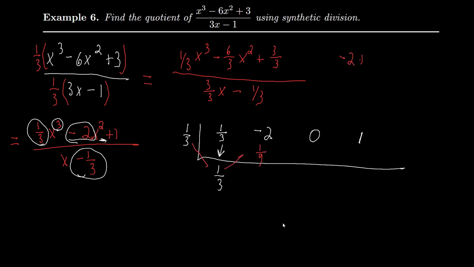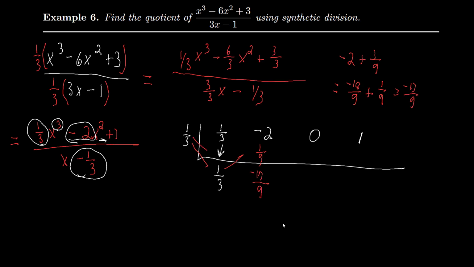That's minus 18/9 plus a 9th, so that's minus 17/9. Resist the temptation to use a calculator on this.